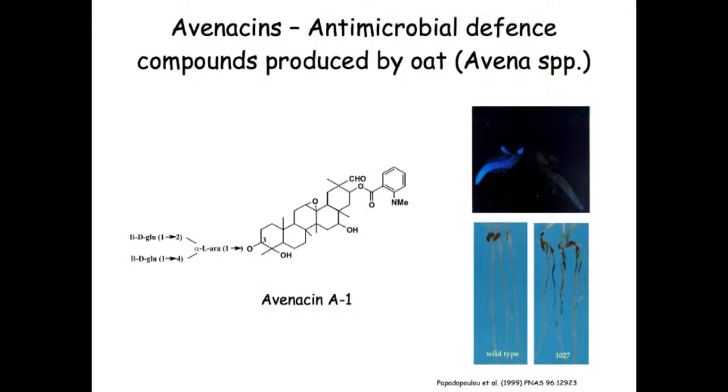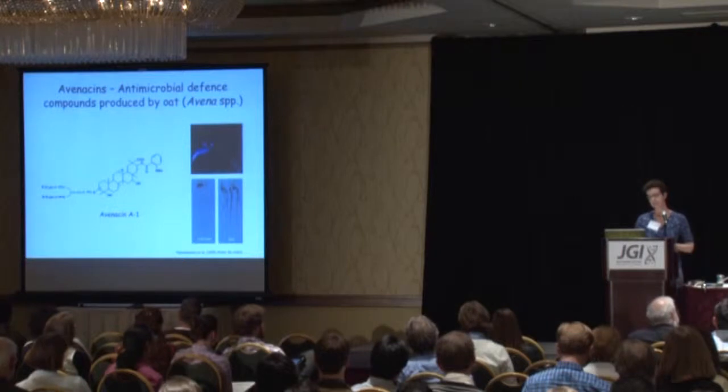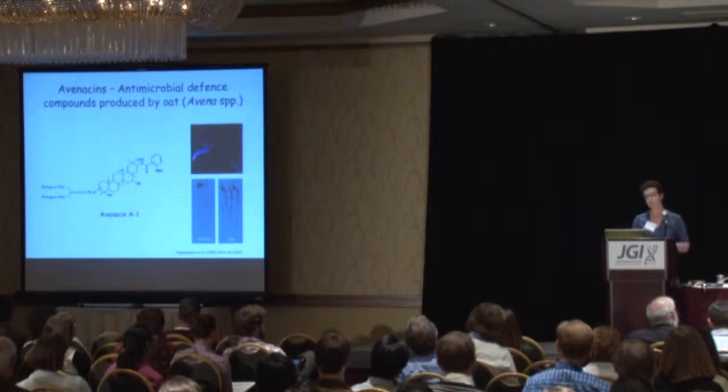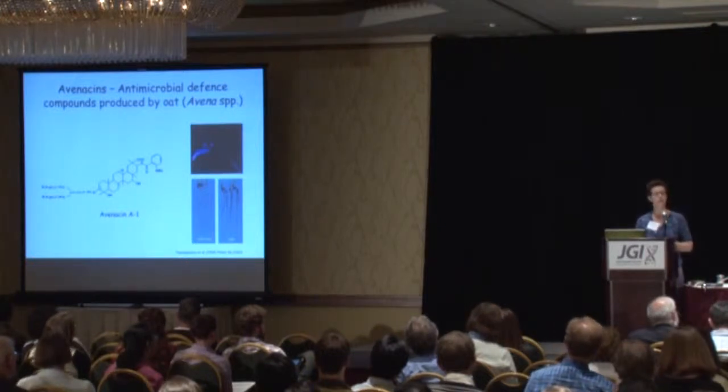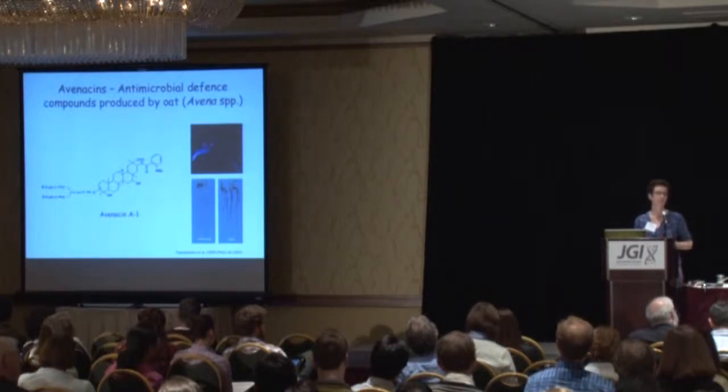Huge amount of diversity. But when we started this, nobody had even cloned a gene encoding an enzyme to make the simple triterpene scaffold, which is beta-amyrin. But we realized that the genetics was telling us that something really strange was going on. And it seemed to be suggesting that the genes for this multi-step pathway were linked, which of course doesn't go with the dogma.